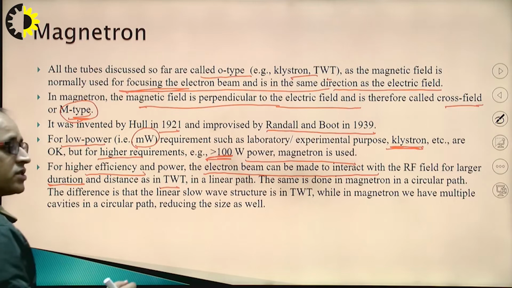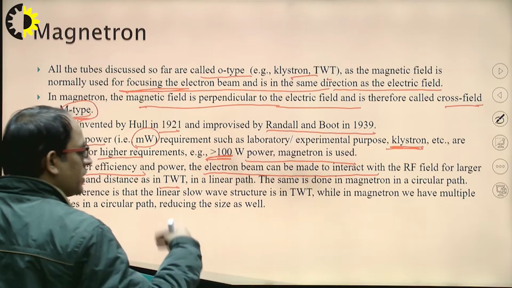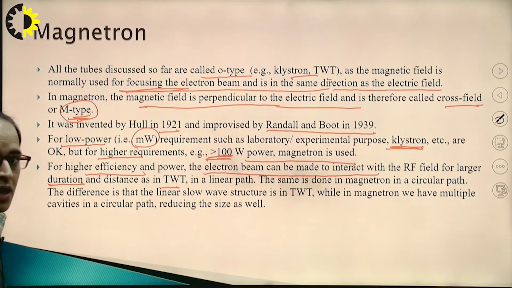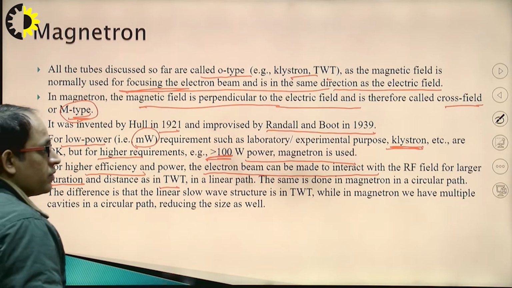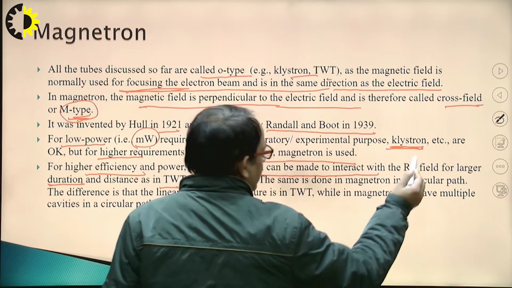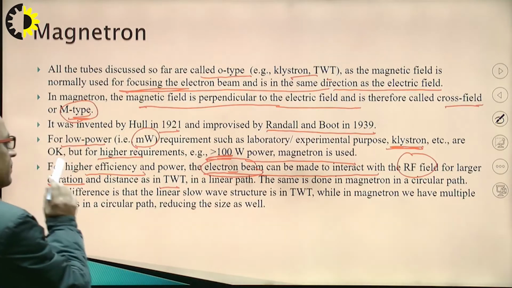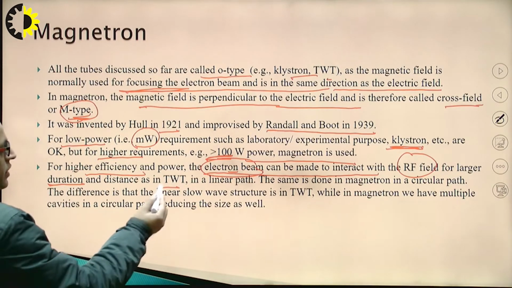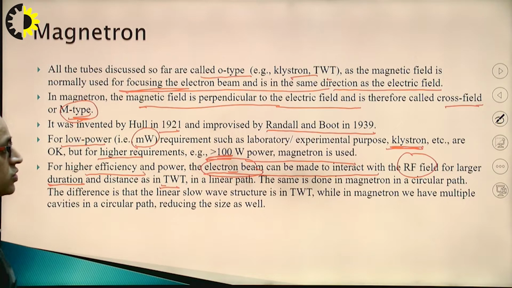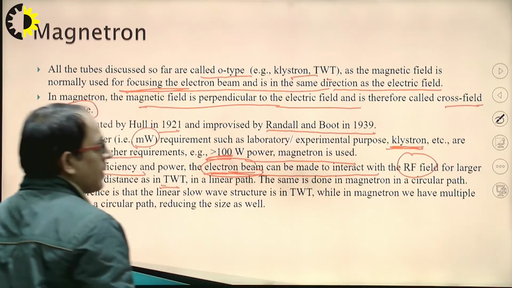For higher efficiency, the electron energy should be efficiently transferred to the RF field, so the interaction between the electron beam and the RF field should be maximum. Similarly for the klystron also.